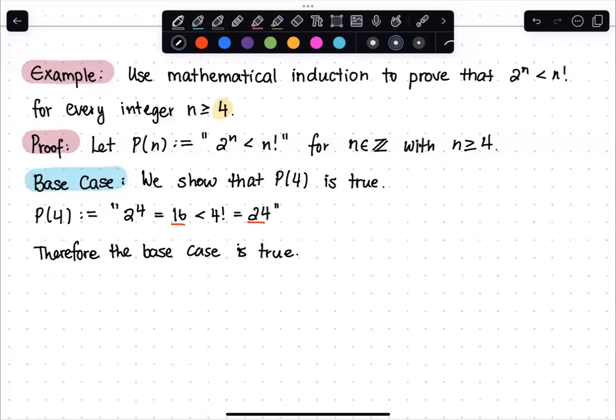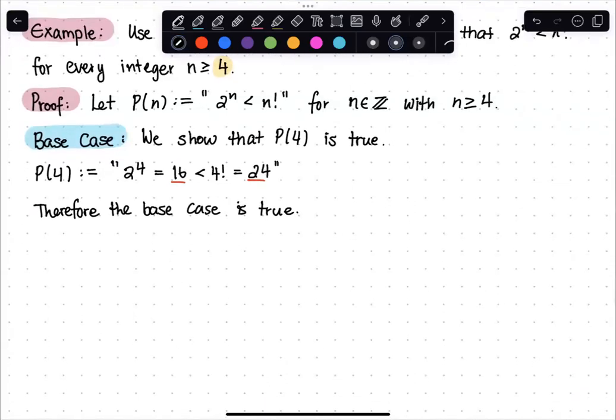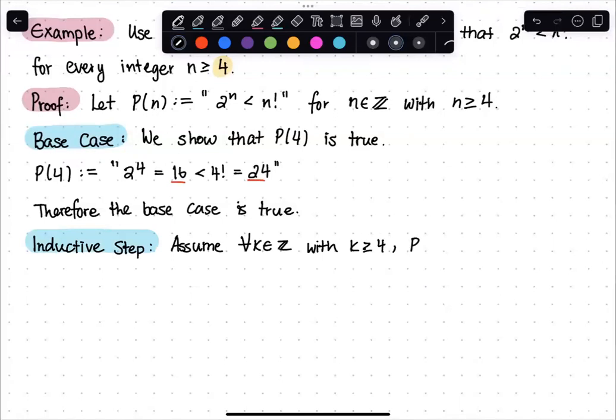Okay. So now for the inductive step. One thing we need to do now is prove the inductive step. And so let's see what it says. So assume that for all k in Z with k greater or equal to 4, that P(k) is true.